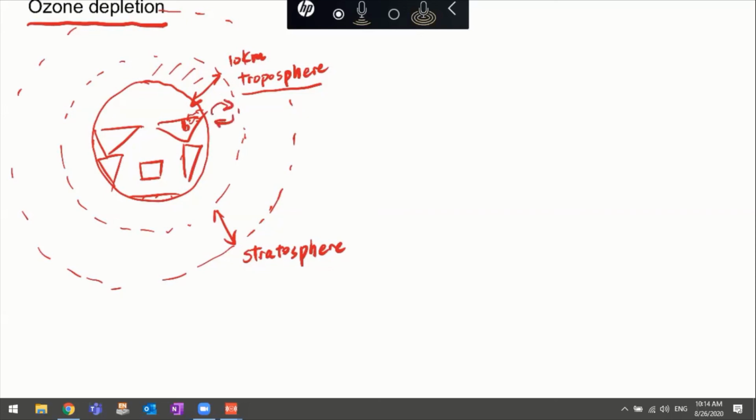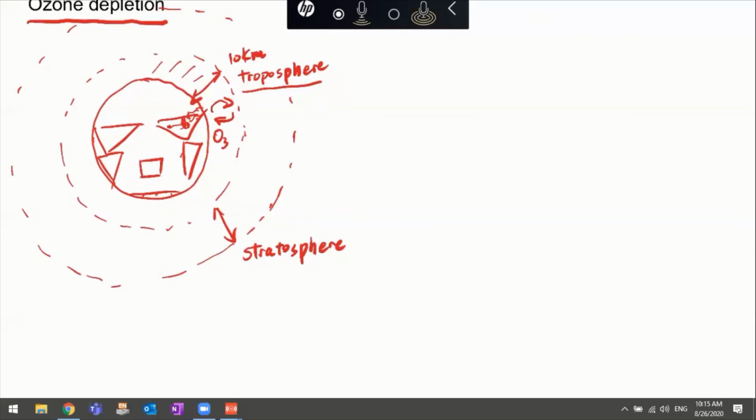That's why if we are having pollution taking place at one location, the pollutants will be able to travel across the continent or even around the globe, right? So in this case, if we have ozone in the troposphere, that is an air pollutant. That's going to cause asthma. If it's inhaled, it's going to cause some allergy or some diseases to human beings. But ozone also exists in the stratosphere.